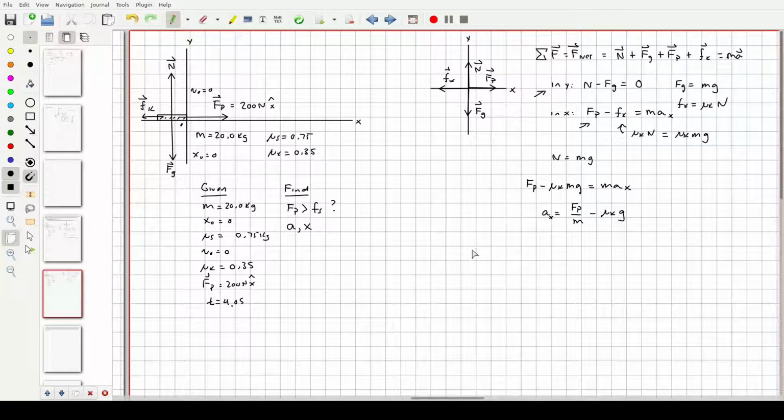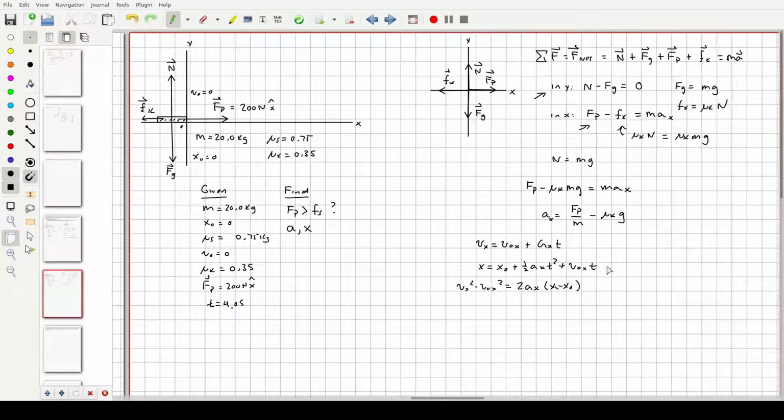So what that means is that I can use my kinematic equations here, right? So I have Vx is equal to V naught x plus Ax times t. I have x is equal to x naught plus 1/2 Ax t squared plus V naught x times t. And then I have Vx squared minus V naught x squared is equal to 2 Ax times x minus x naught.